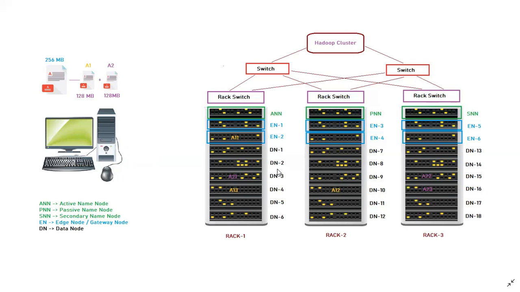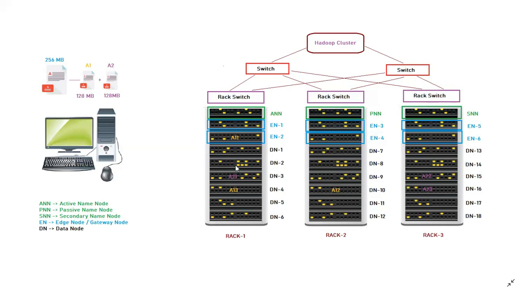And the second point that you have to understand is, let us say this data node 3 and this data node 1 are busy with some other application, and the resources are very limited, so they won't be able to execute these blocks. Then it will search for the second block where it resides.